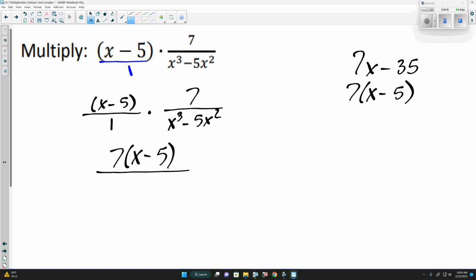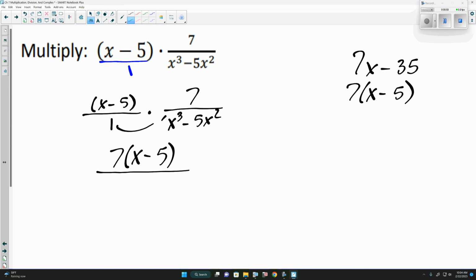The main reason we would need to distribute is if we know we're going to have to combine like terms, if I'm adding or subtracting. The reason we multiply through with addition and subtraction is because we have to eventually combine like terms. The numerators have to be combined. Here, we're not combining. Here, we're just multiplying together.